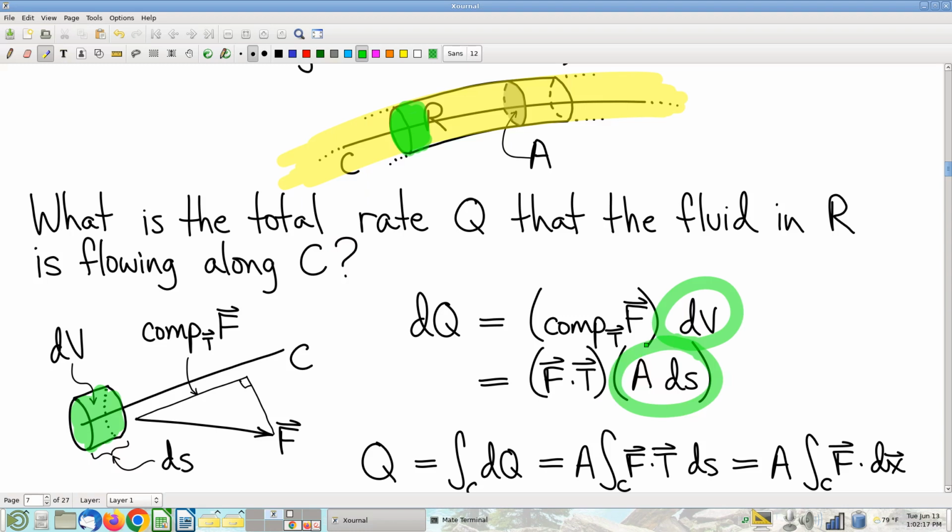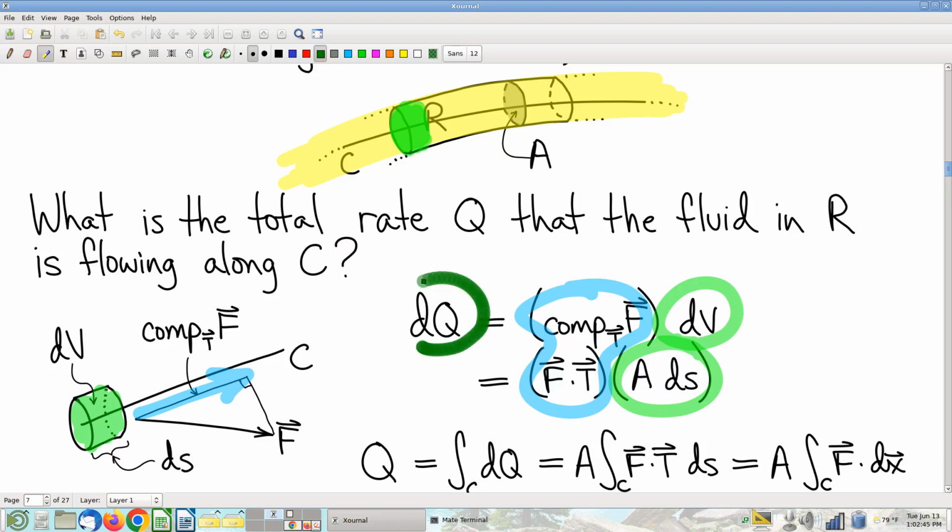And then I can also tell you its component of velocity moving along the curve. Keep in mind the vector field represents the velocity of the fluid. So if I have an F, I can talk about its component in the tangent direction, and there's how much it's flowing along the curve.